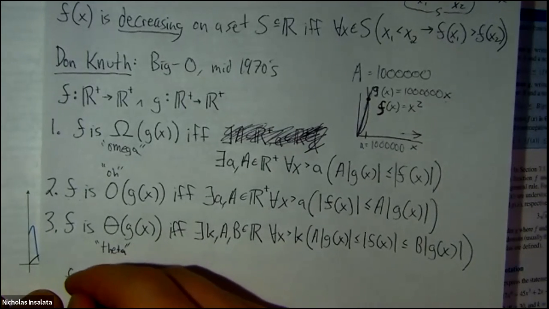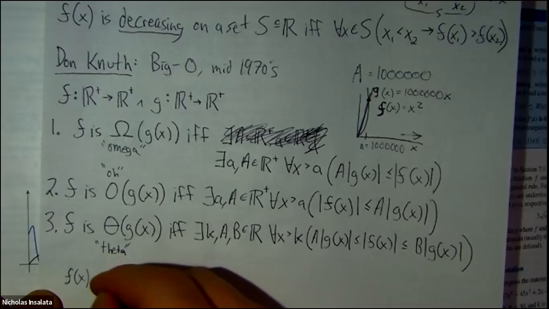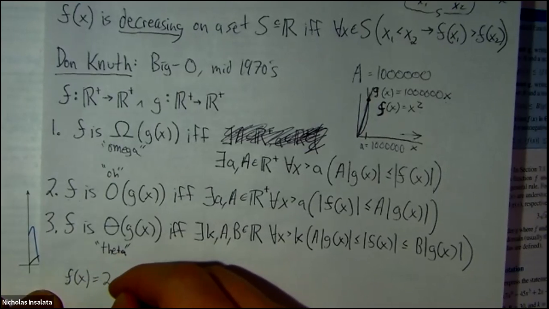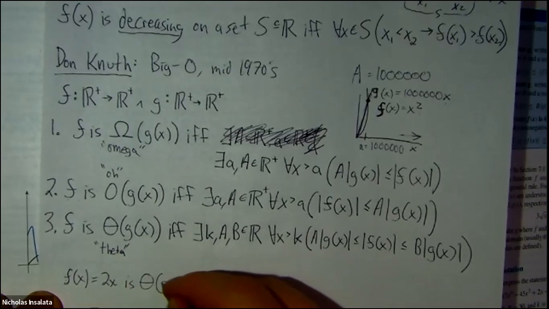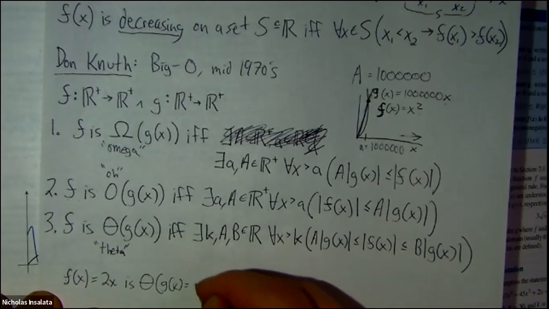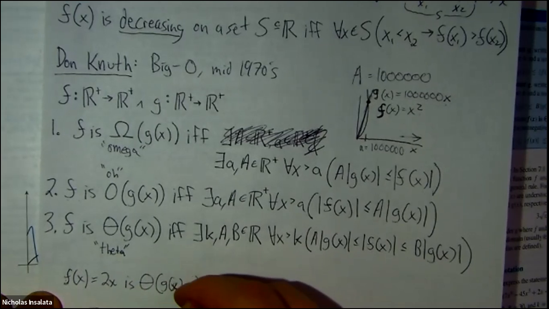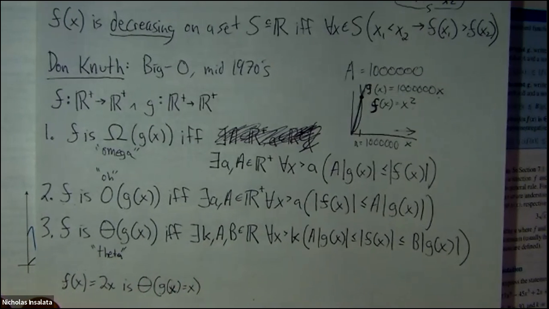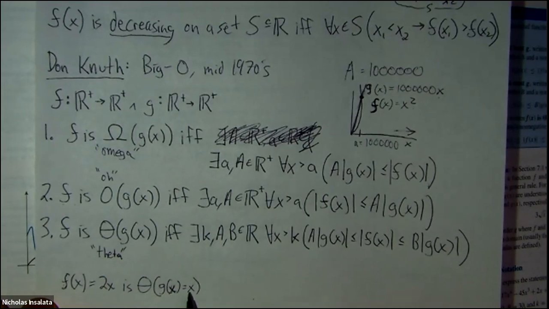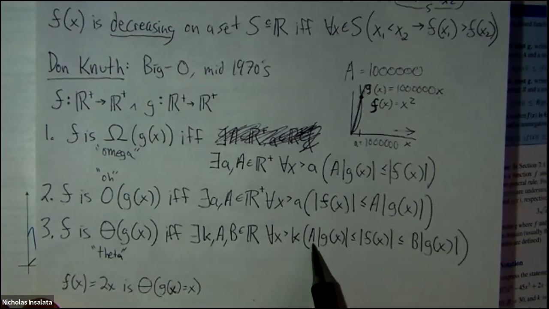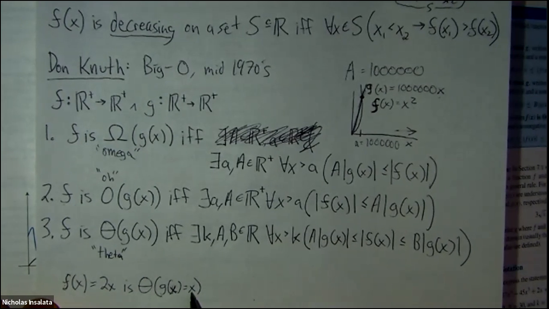F of x equals 2x is big theta of g of x equals x. Why is that? Because of the coefficients, right? I can put a coefficient of 1, big A equals 1, and then this will be smaller than 2x, right, with a coefficient of 1 on there.